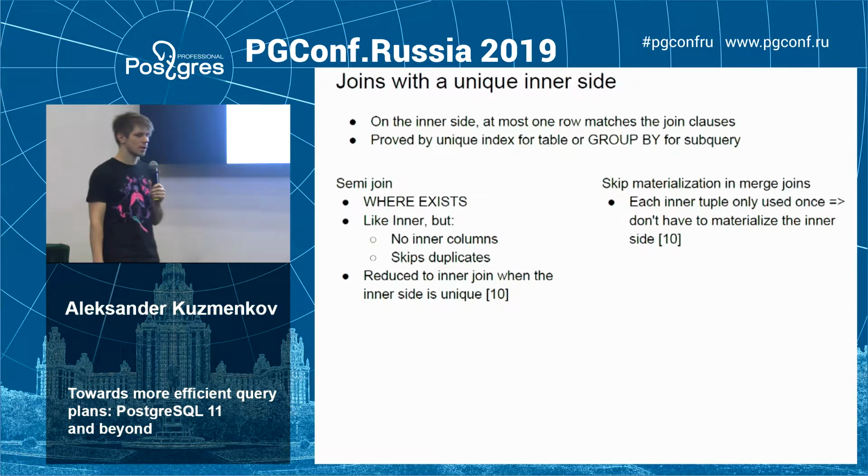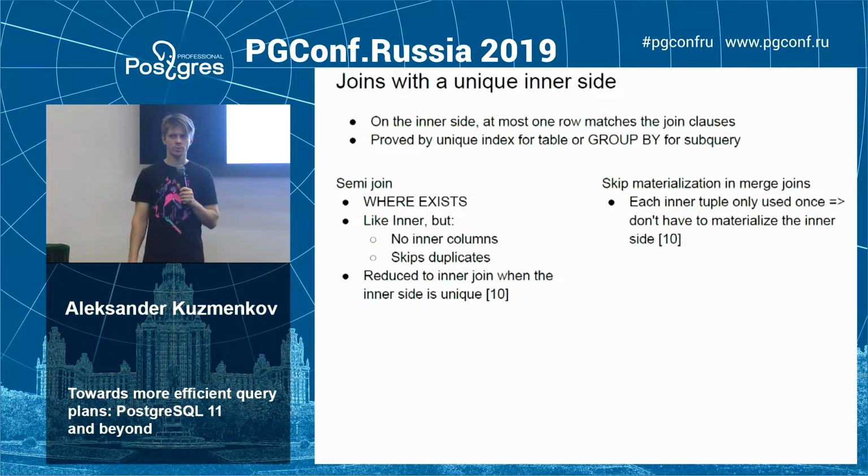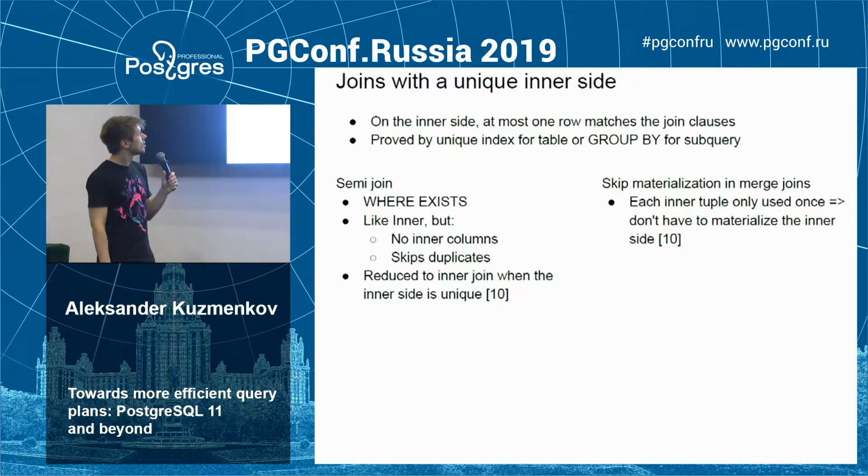It comes to optimization of joins with a unique inner side. It means that on the inner side at most one row matches the join clauses, and it means that join doesn't introduce duplicates into rows.